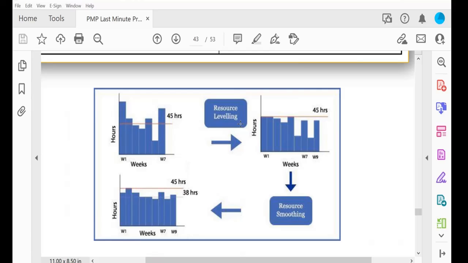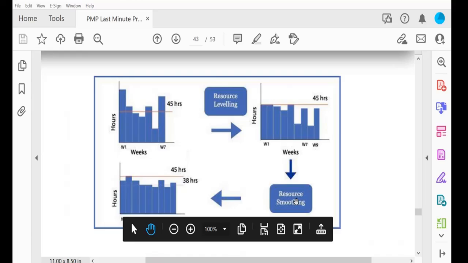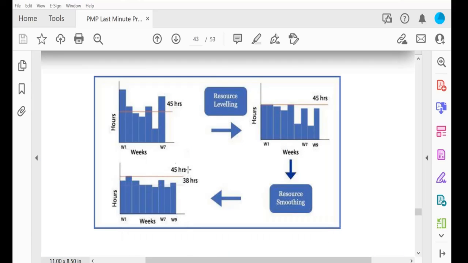And for resource smoothing, what are we doing? We set the optimum value at 45 hours, and we are saying that maybe the worker cannot work 45 hours. They have something in their personal life, so we are saying 38 hours. Then you see, we are bringing some of the work into this gap.